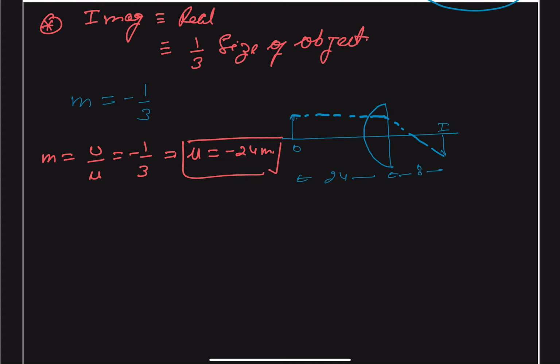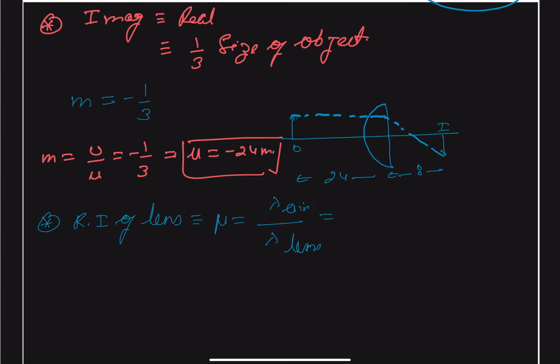And the wavelength inside the lens is given as 2/3 times. From here we can find out the refractive index. The refractive index of the lens, given as mu, will be equal to the wavelength in air upon the wavelength in the lens.